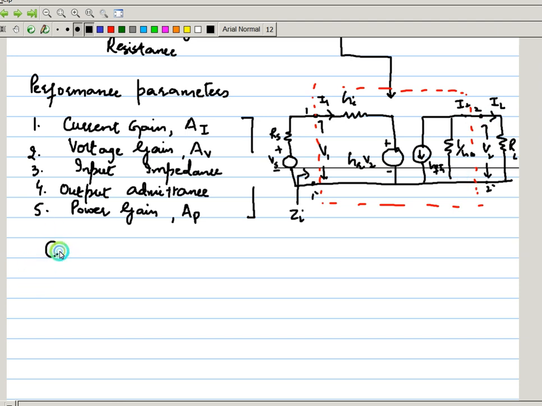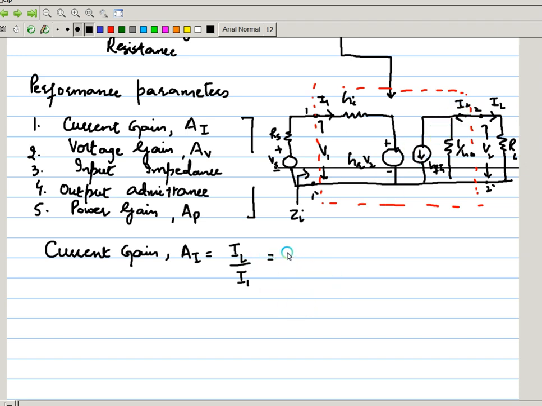So now what is the gain? I have already told you that gain is simply the output by the input. So the current gain is obviously the output current, that is IL, by your input current, which is your I1. But you see that IL is in the outward direction, whereas I2 is in the inward direction.